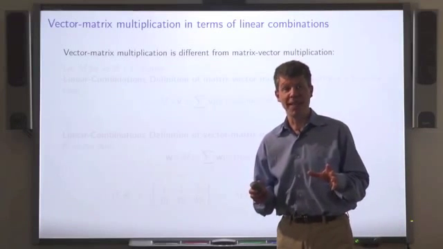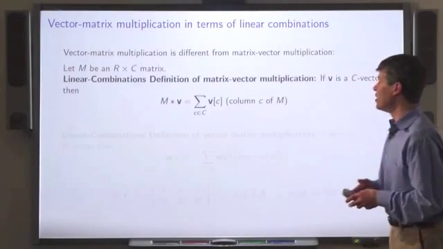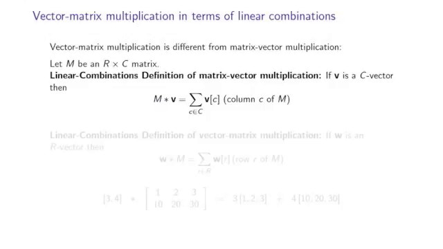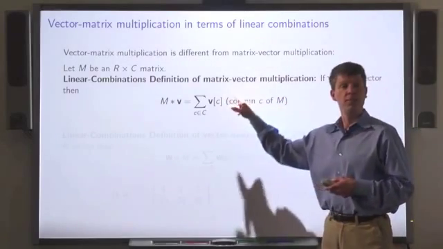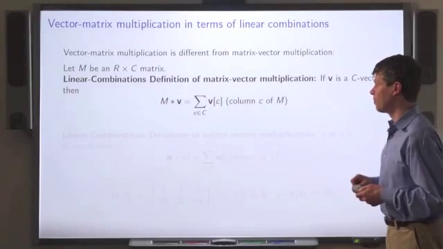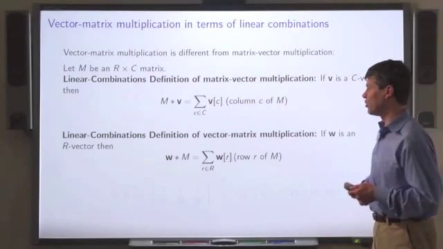Vector-matrix multiplication is different from matrix-vector multiplication. Let's start with the definition of matrix-vector multiplication. Remember, it's the linear combination of the columns of the matrix with coefficients given by the entries of the vector. Here's the definition of vector-matrix multiplication.